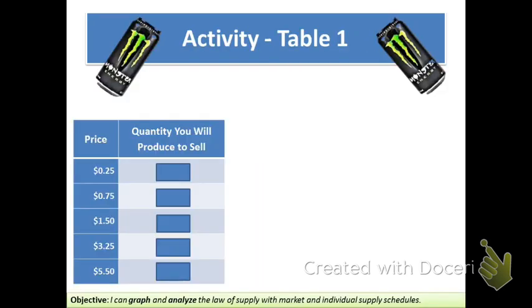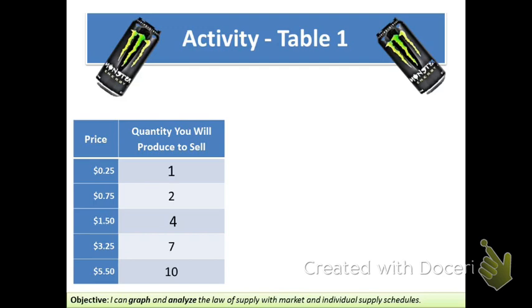So we did this activity, Table 1. This is a handout. You can find it under Schoology, in which we think about at these various price points, what is the quantity I would be willing to sell? And if we think about profit, we would see that, hey, I'm not going to make very much money at a low price, so I'm not going to sell very many. But if the price goes up, I would love to sell a lot more because I'm going to make a lot more profit.